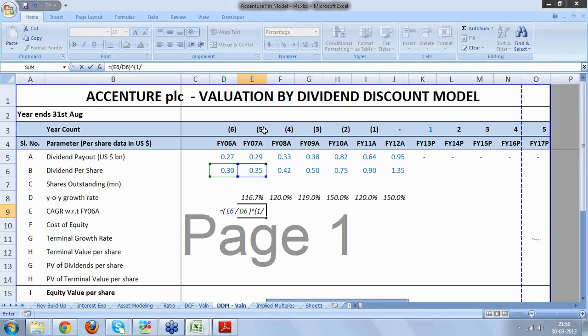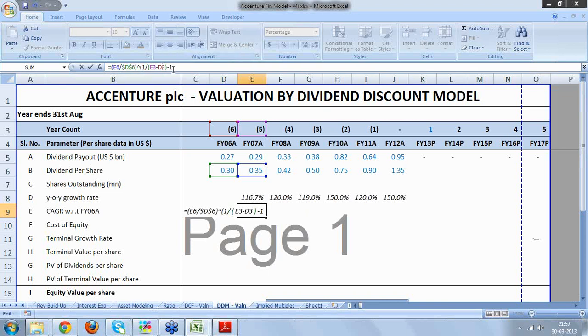So this minus this, entire thing minus 1. Now in this I want a CAGR with respect to the FY6 number. My FY6 number is going to remain constant all throughout as I drag this, so D6 will be protected.